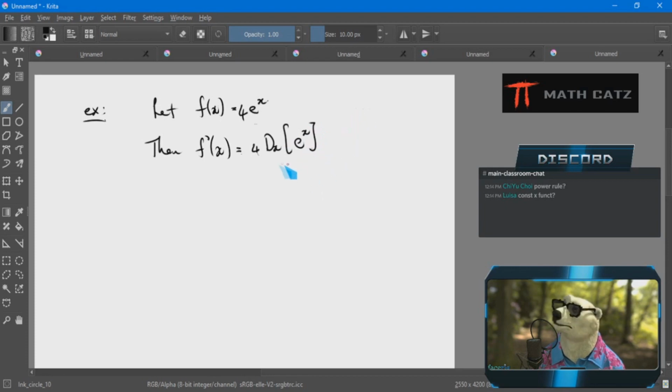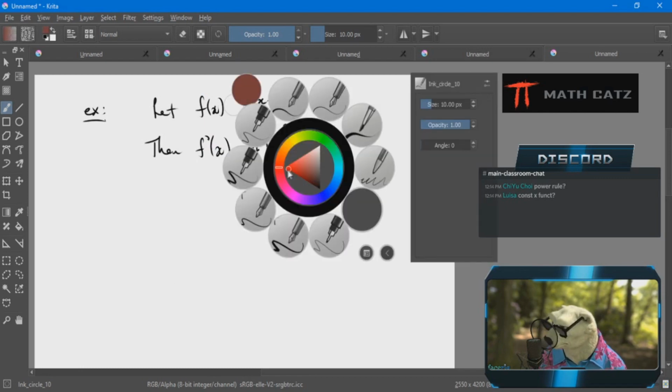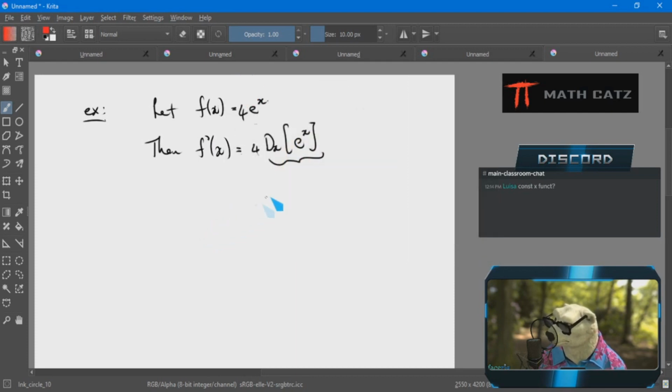So for the love of all things good and pure, do not make it red. I'm going to make it red. No, like a violent, scary red. That's pink. Do not say this is x times e to the x minus 1.